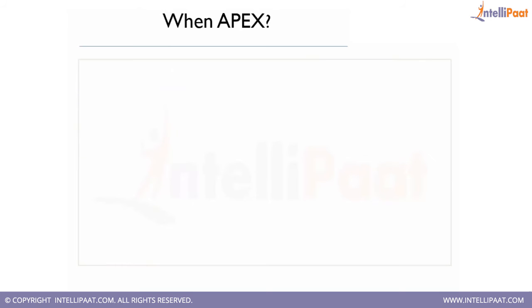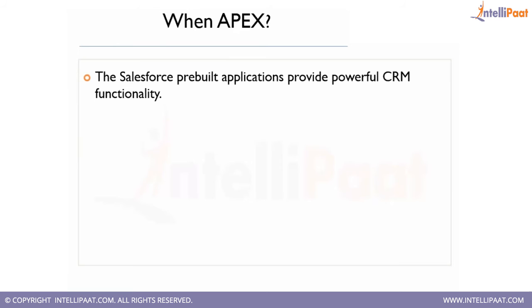So now, after understanding what Apex is and seeing the capabilities of the Salesforce platform, it becomes a big question: when to use Apex. Do we use Apex every time? The answer is no, because Salesforce is a predefined platform with CRM functionality.